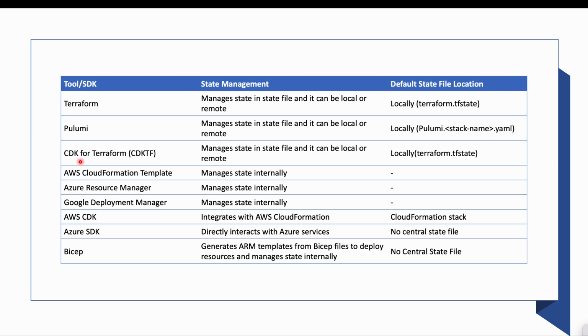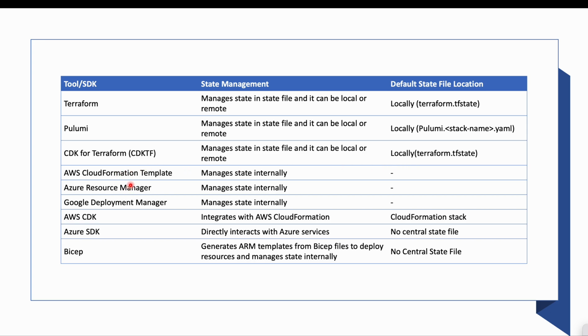And CDK for Terraform, actually this is also HashiCorp's own tool, so it uses the same approach as Terraform. So yes, the state file can be stored locally or remotely, the default state file name is terraform.tfstate, and the default location is local.